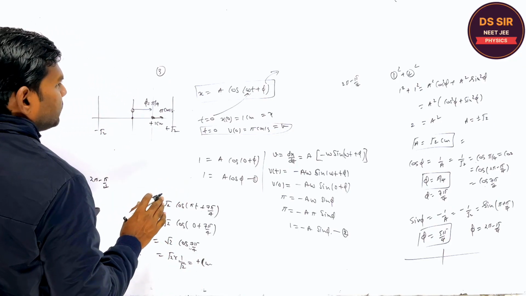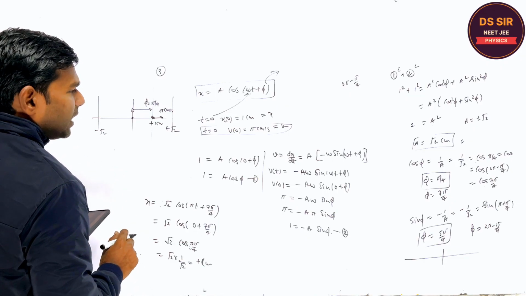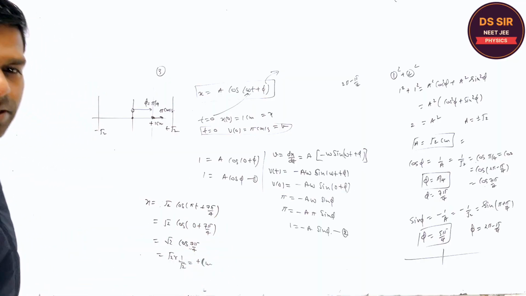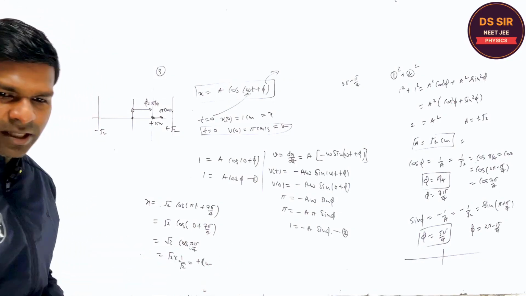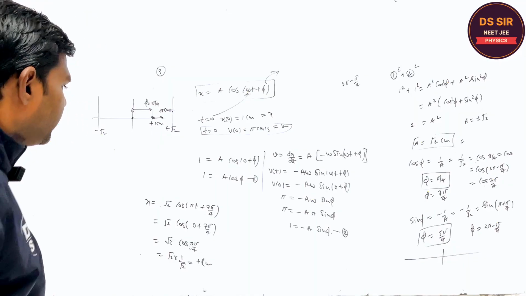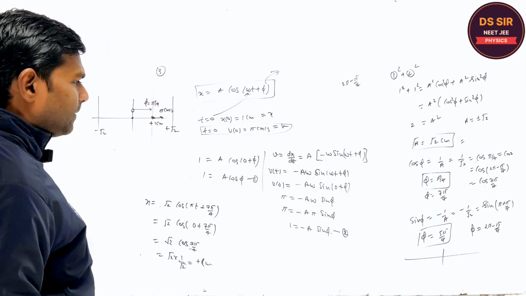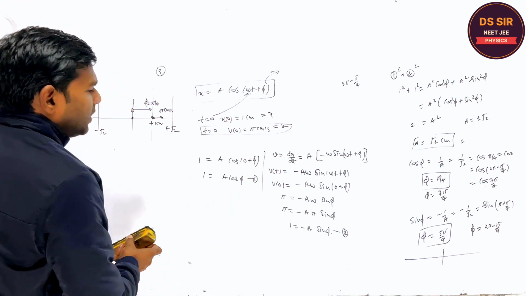Wait for 1 minute. So how to get the correct answer? By this thing we can find in that way. Also, I will give you some reason. Yes, very good.